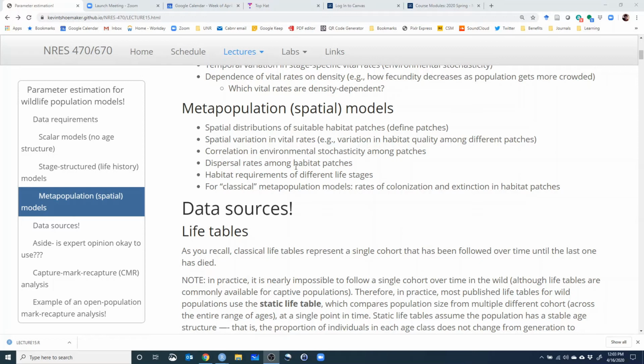And finally, if we're building a classical metapopulation model, we're going to need to know the rates of extinction in each patch. We need to know the rate of colonization. So if we're dealing with a classical metapopulation, those are the kind of parameters that we're going to try to estimate. All right, so those are the parameters.